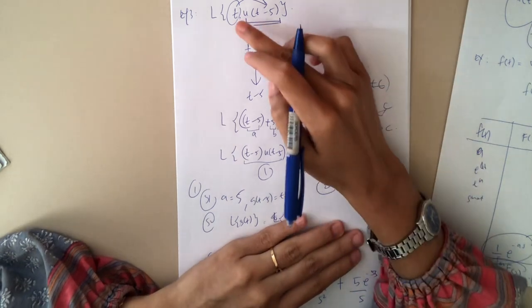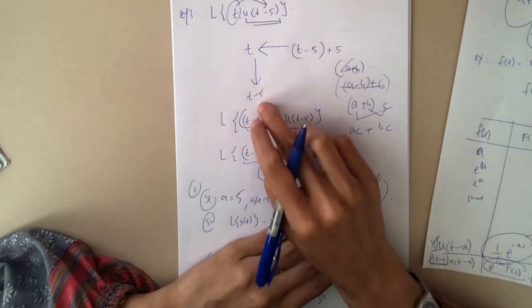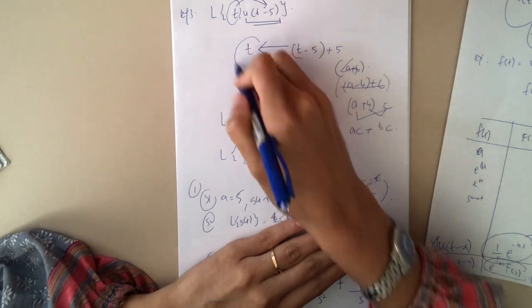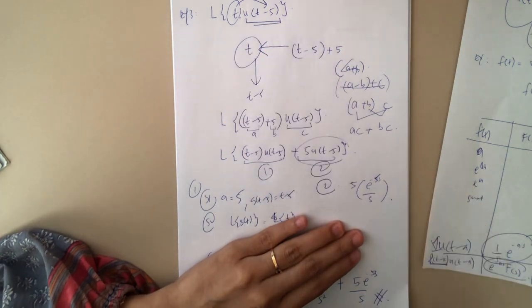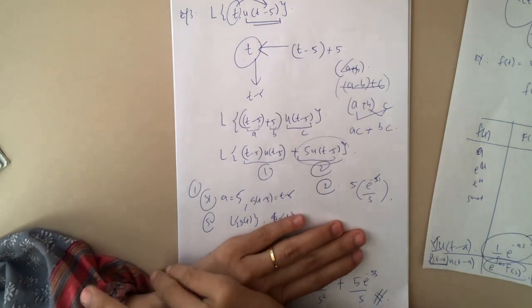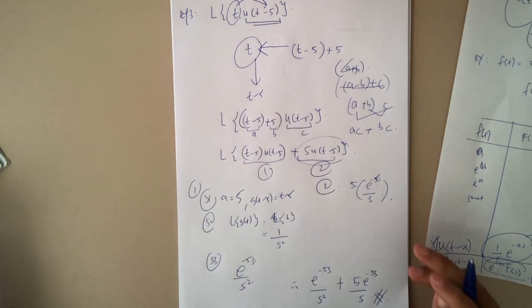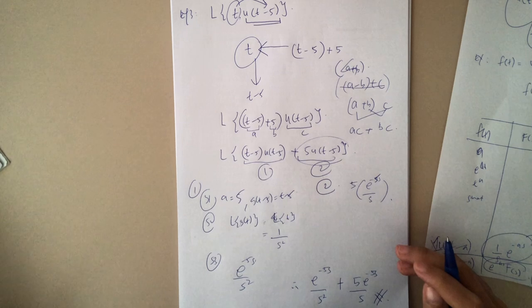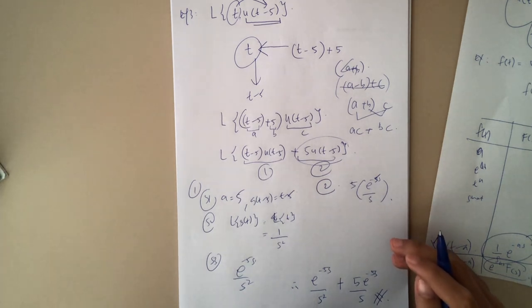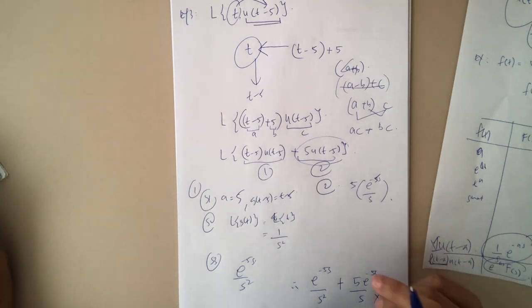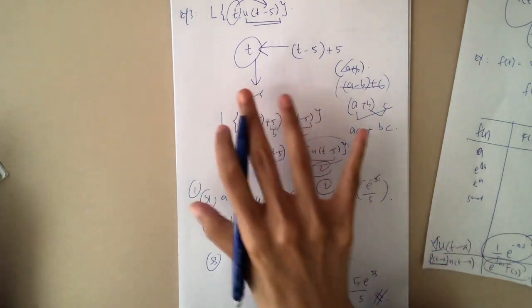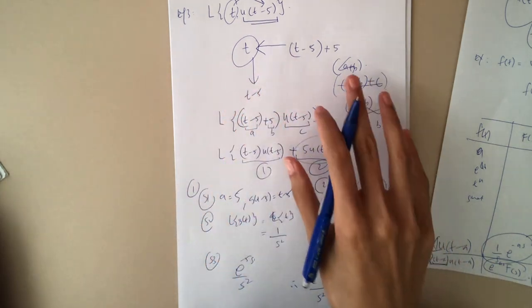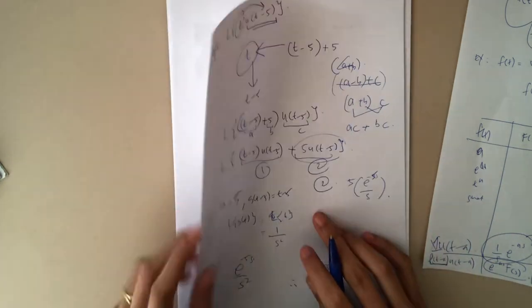You need to modify t to become t minus 5, but without changing any meaning of the original question. Clear? Alright, class. So we have one more subtopic under this topic, unit step function, and I will continue it in the next video.